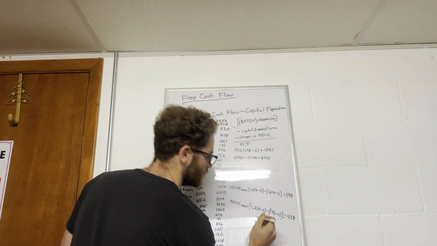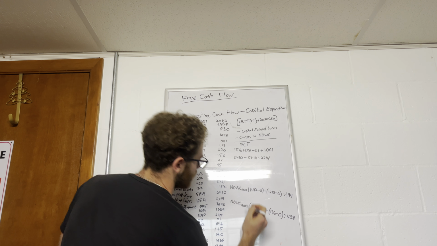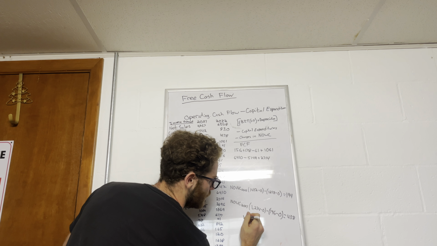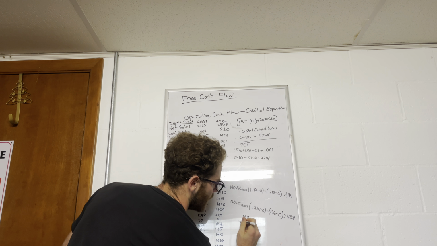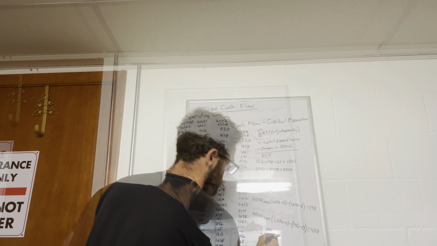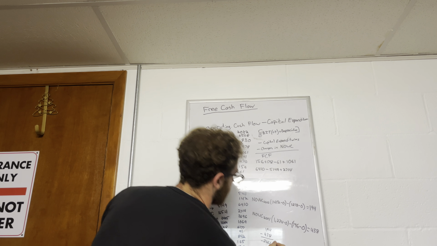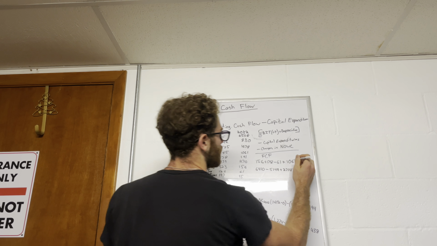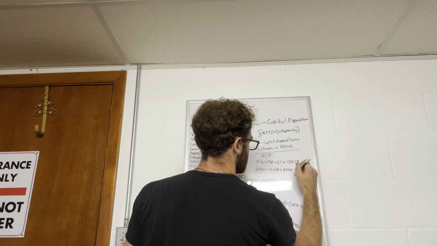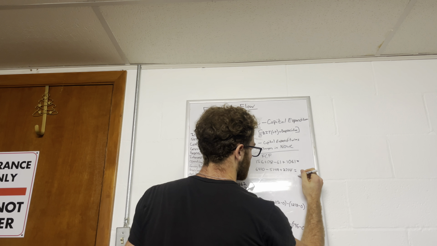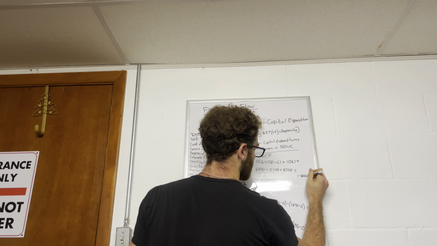Then, for changes in net operating working capital, the current year of $194 minus the prior year of $438 would give you negative $244. Then you go up here and bring in changes in working capital at minus 244.